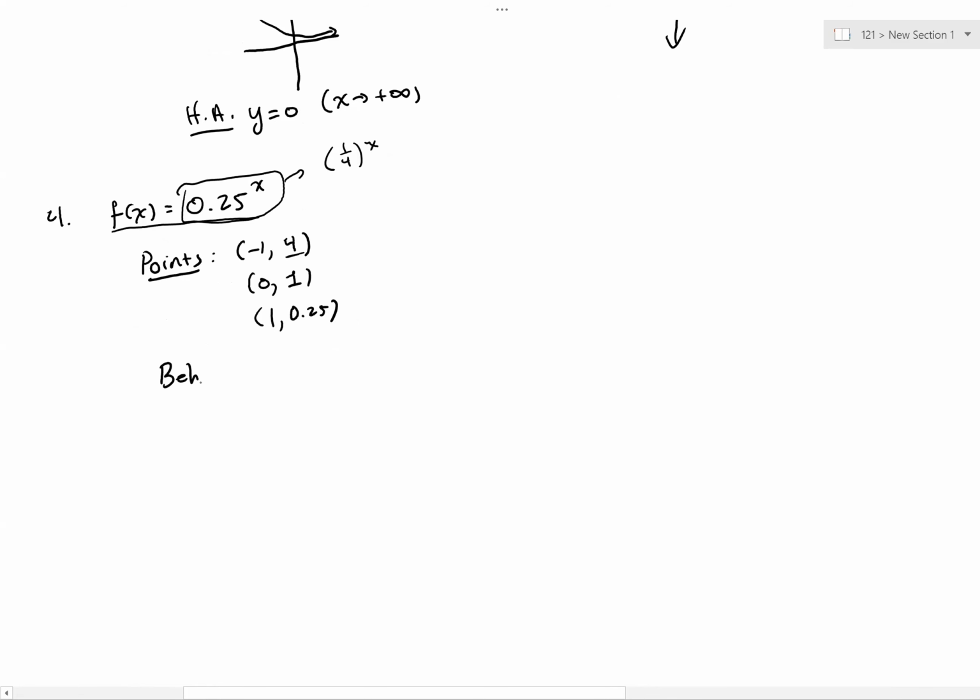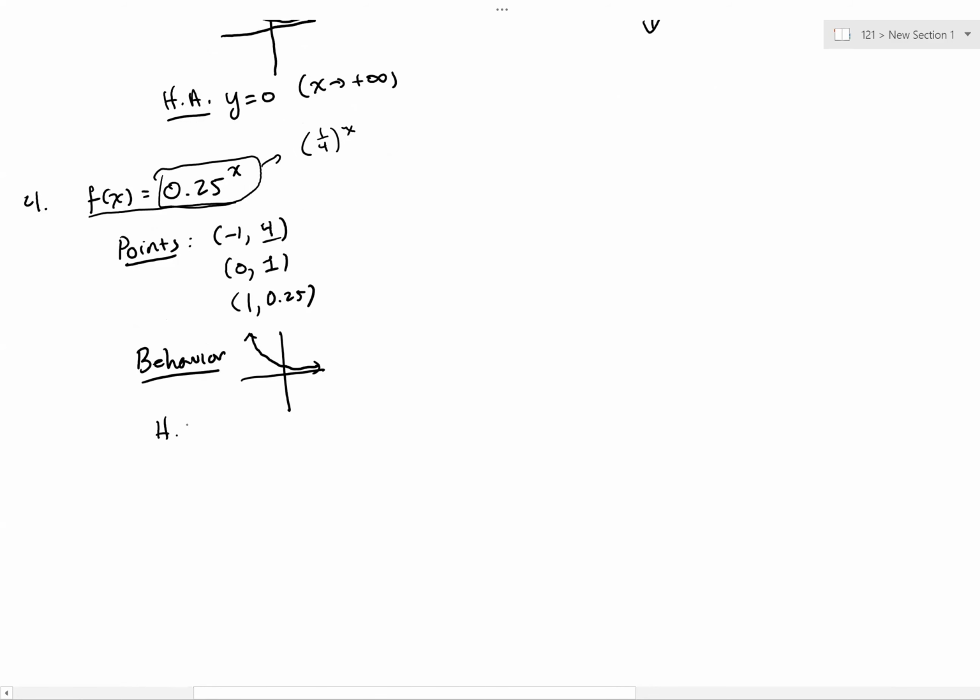So the behavior, what does it look like? Well, just like the previous one, since the base is between 0 and 1, it'll look something like that. And the horizontal asymptote will be y equals 0 as x goes to positive infinity.